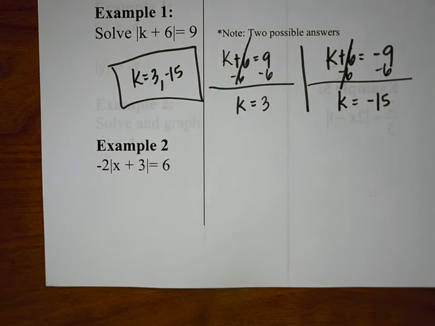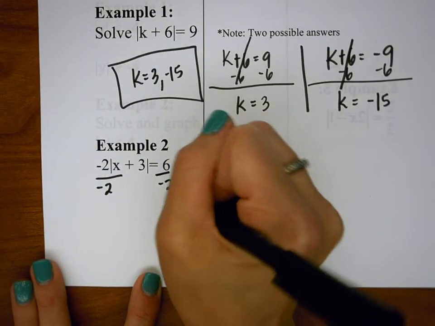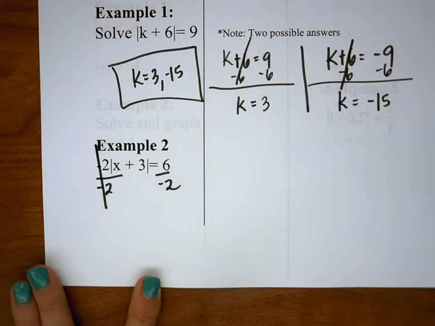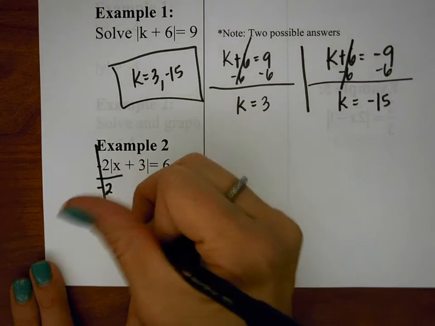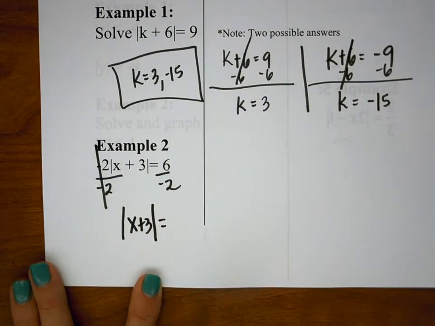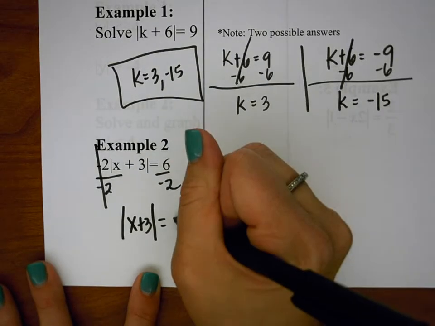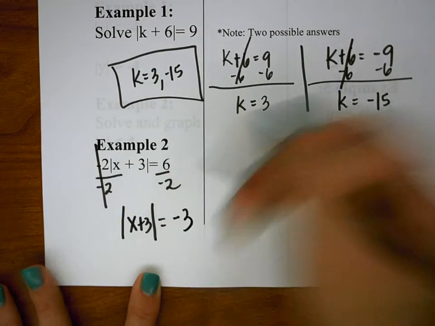If something's multiplying, how do you get rid of it? Divide. So we are going to divide both sides by negative 2 to get rid of the negative 2 in front of the absolute value. So now I have the absolute value of x plus 3 equals, and 6 divided by negative 2 is what? 3. Close. Negative 3. Good.